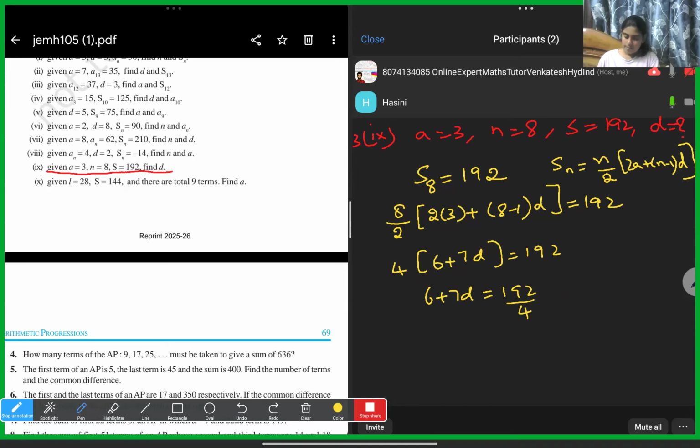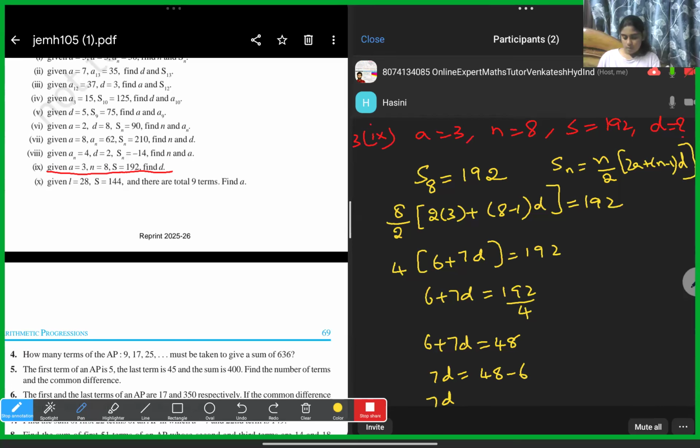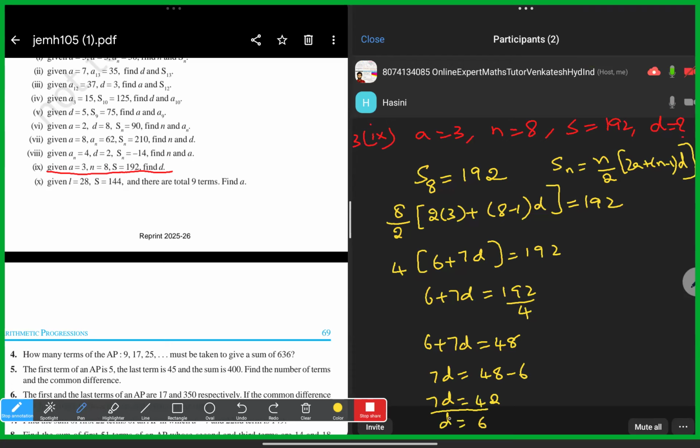So 6 plus 7d is equal to 192 by 4, which is 48. 7d is equal to 48 minus 6. 7d is equal to 42. d is equal to 42 by 7, that is 6. Okay, Hasni?